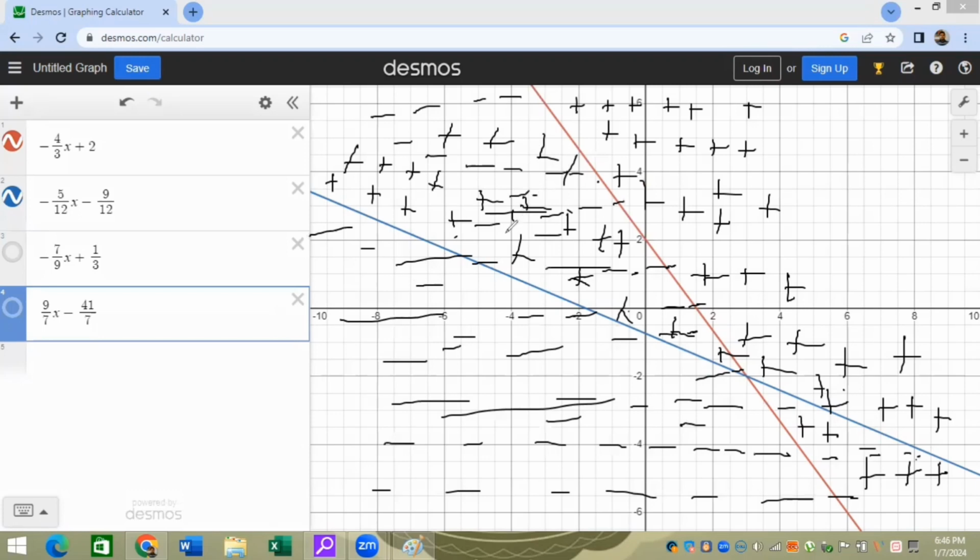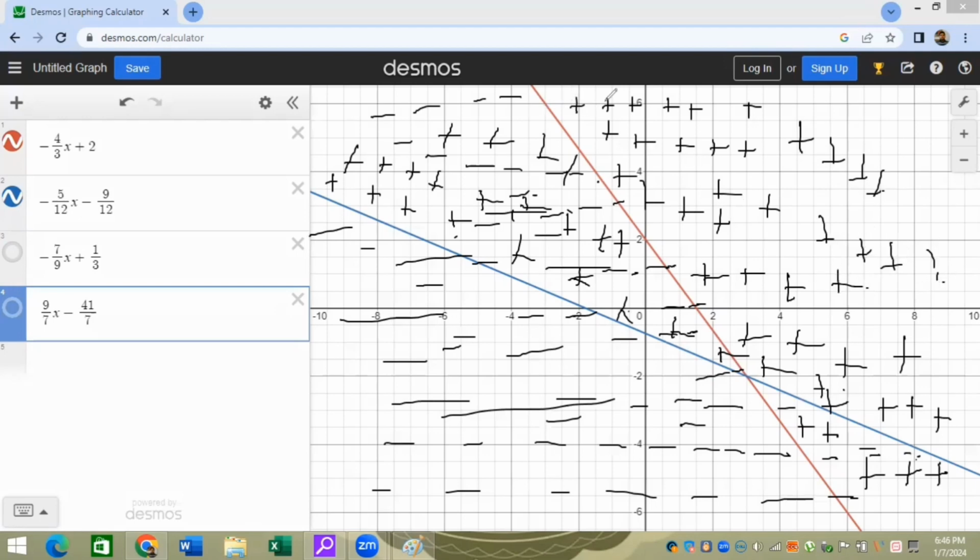Now what you can see here is that in this region, you can see all the signs are the same for both lines, negative. And above this region, above the red line and the blue line both, these are the regions for the positive sign.